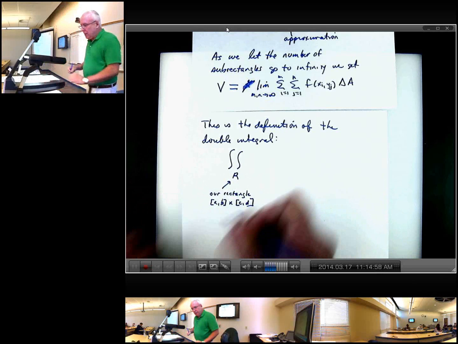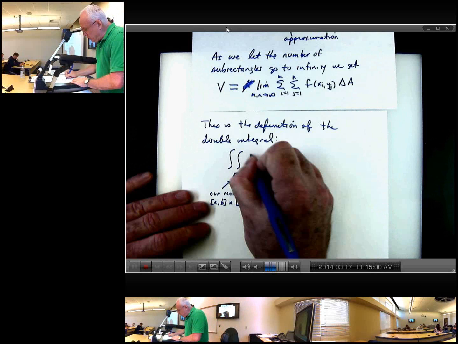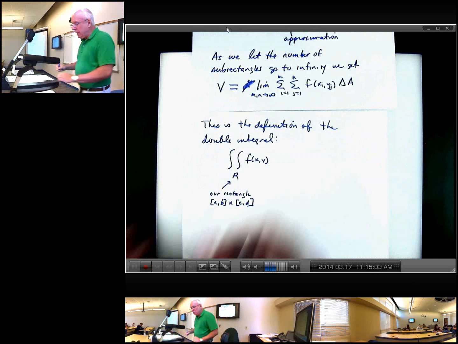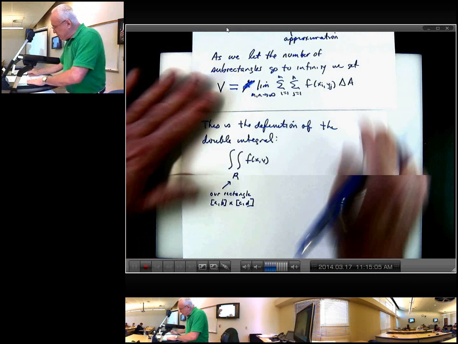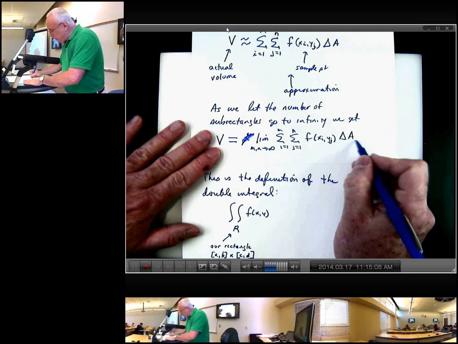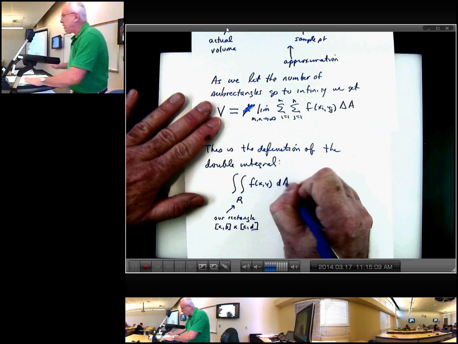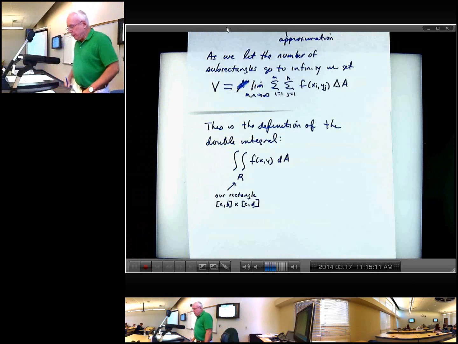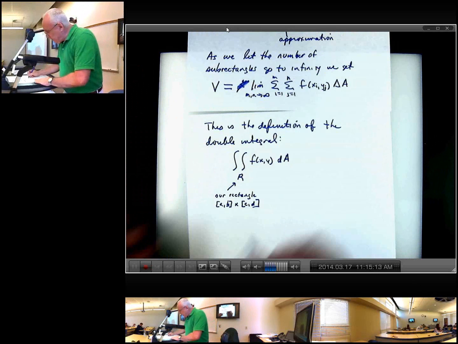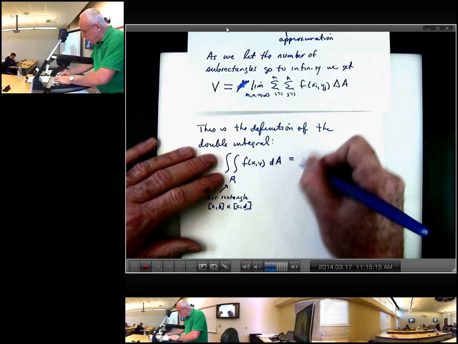And then we have our function of two variables, f(x, y), and instead of putting delta A, we put dA. And this then is equal to that above limit.